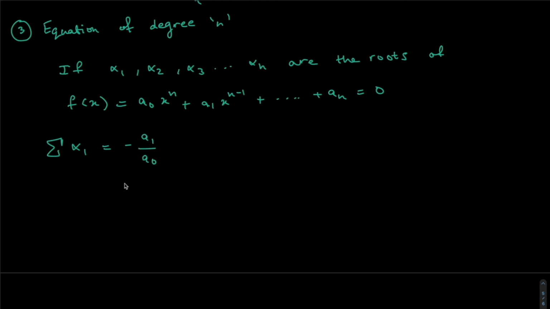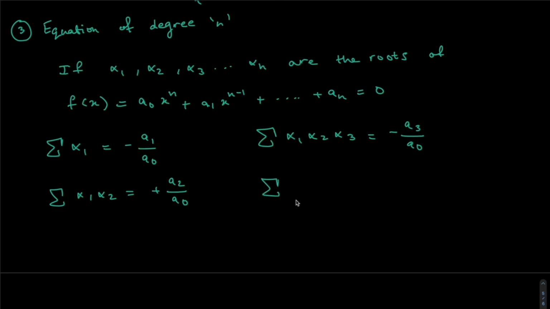If we have the sum of two-root products, alpha 1 alpha 2 and so on, we have plus a2 by a naught. And if we have the sum of three-root products, basically multiplying three roots at a time and taking the sum of them, we have minus a3 by a naught.